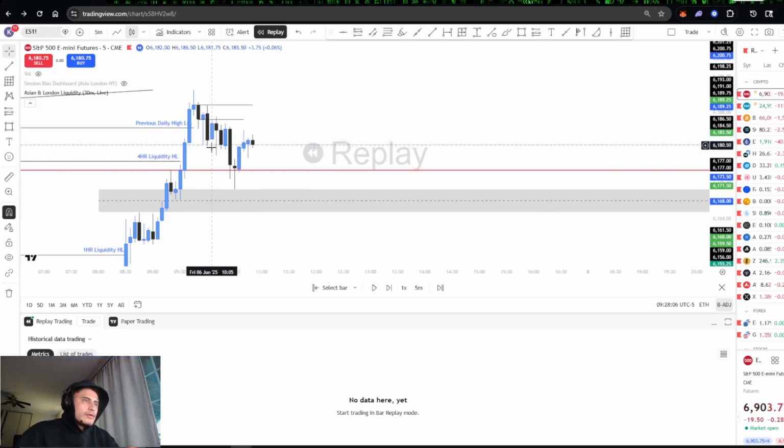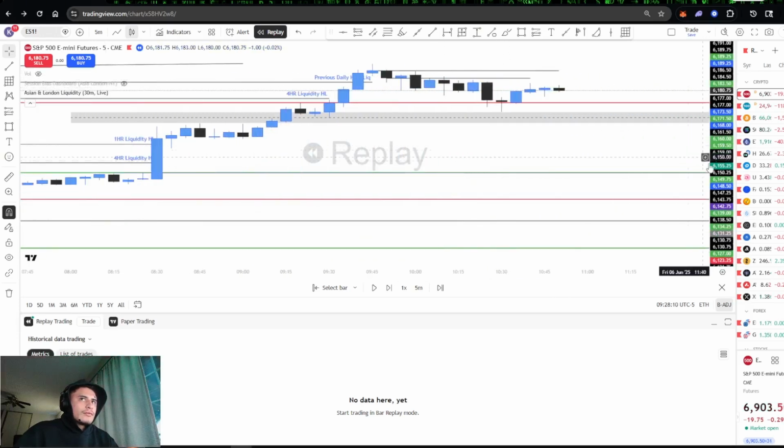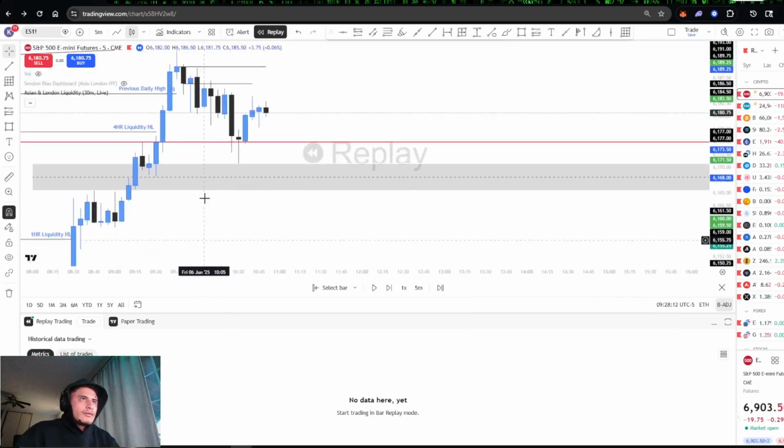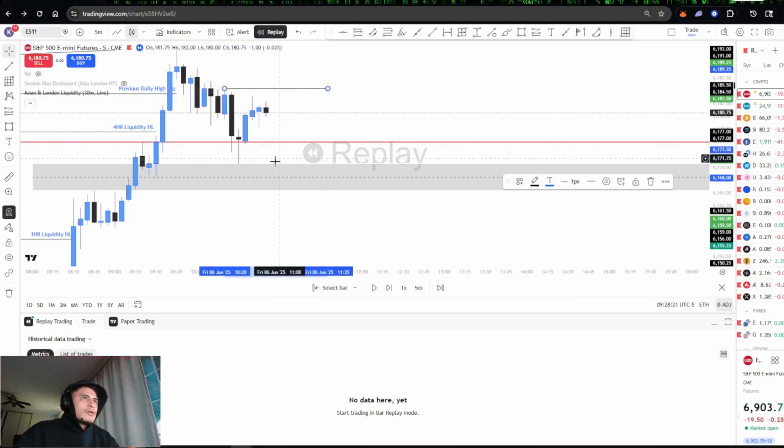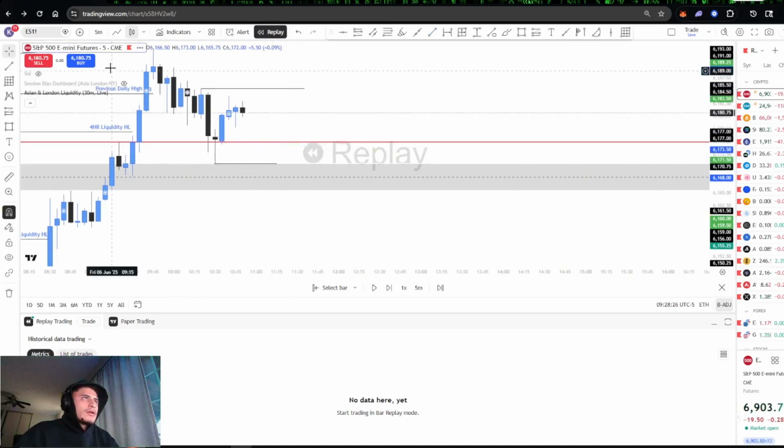We do see a break of structure here. Just created a new break of structure, because we broke structure to the downside. So we do see the break of structure right here, break of structure down here, break of structure right there. Broke structure up to the upside.